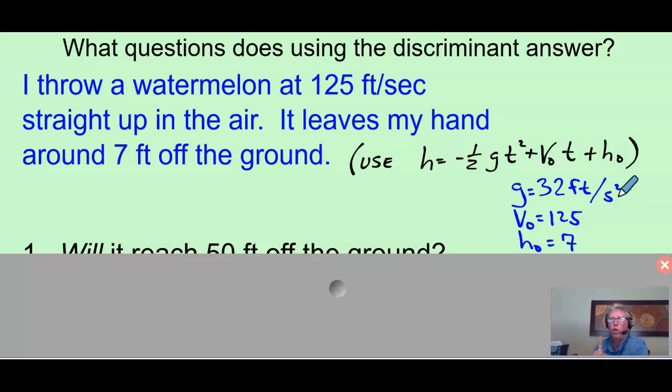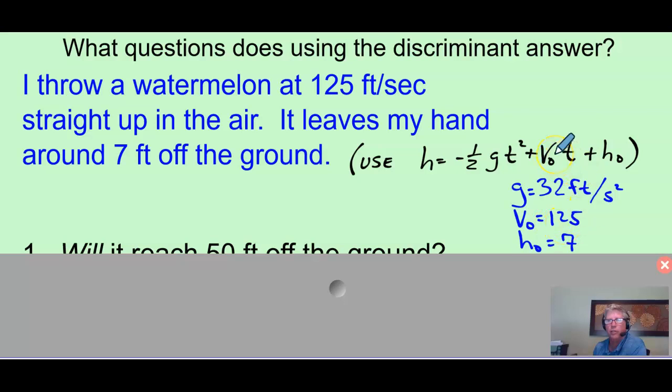But after 1 second, I am going down towards the water at 32 feet per second. At 2 seconds, I have increased it by 32 feet, so I am moving at 64 feet per second, and so on. So that's kind of how that works.